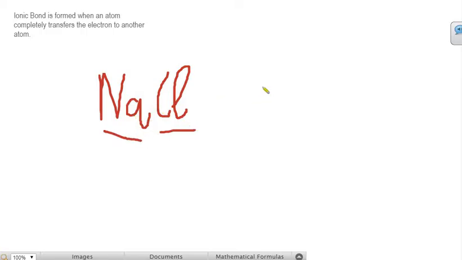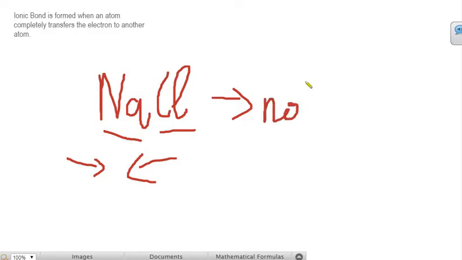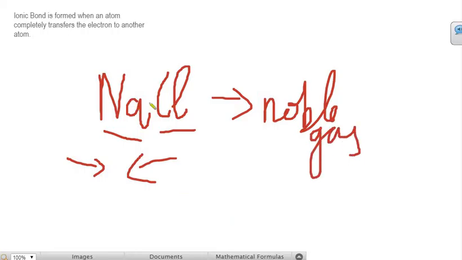Now in sodium chloride, sodium wants to give away one electron, while Cl wants to receive one electron to reach the noble gas configuration. And what is a noble gas? It does not react with anything, so it has to reach the noble gas configuration.